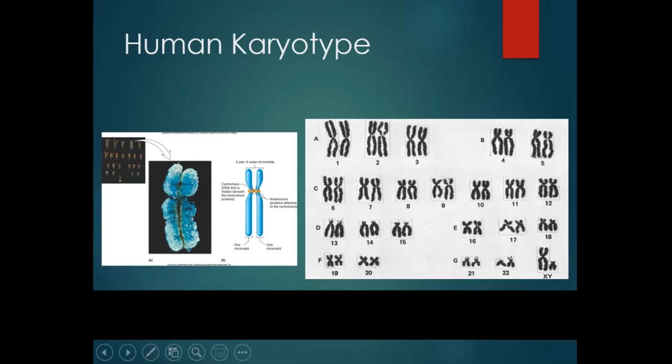Karyotypes are made by looking at chromosomes after they divided and when they're in the process of doing mitosis, so they're already compacted. And you can see each of these sets here is a set of homologous chromosomes.